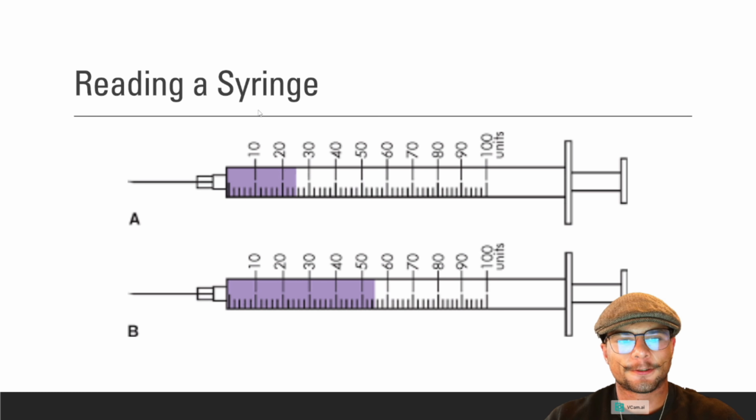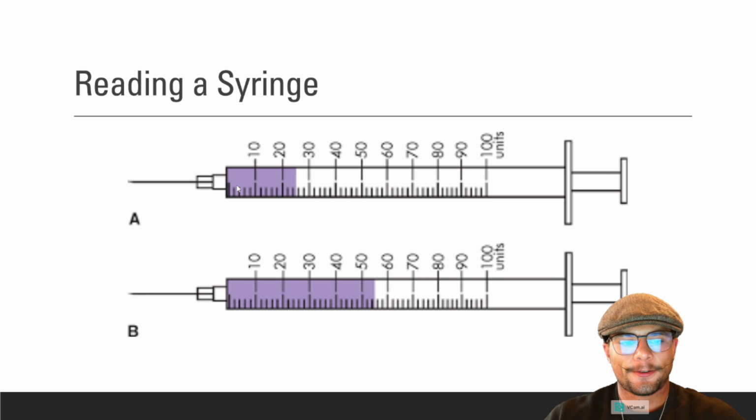Now, reading a syringe. A whole syringe usually contains 100 units. This is 10 units, 20 units, 30 units, 40 units, 50 units, and so on. These smaller tick marks down here are by 2s.